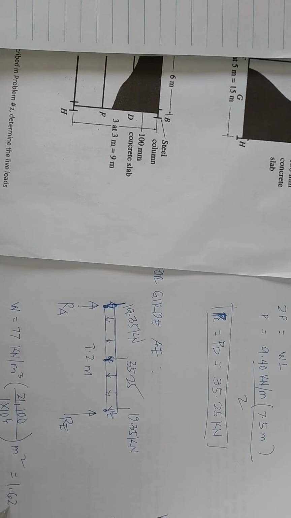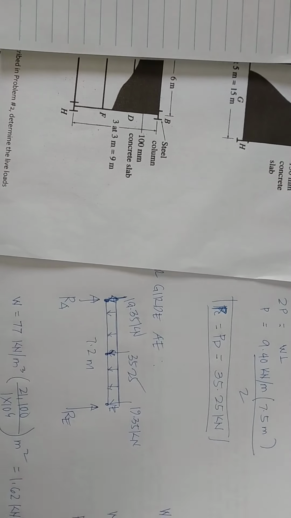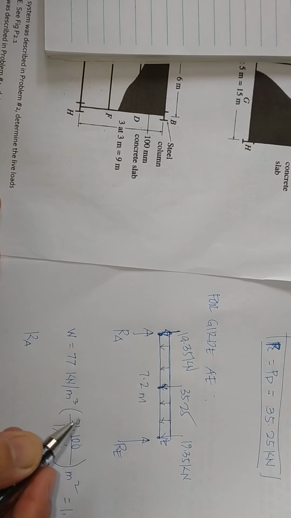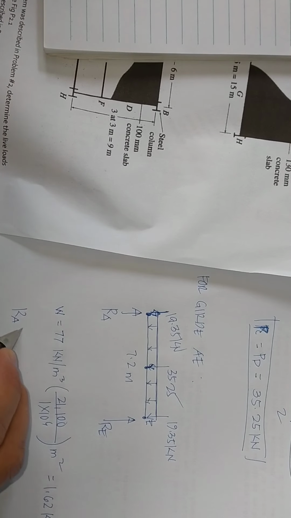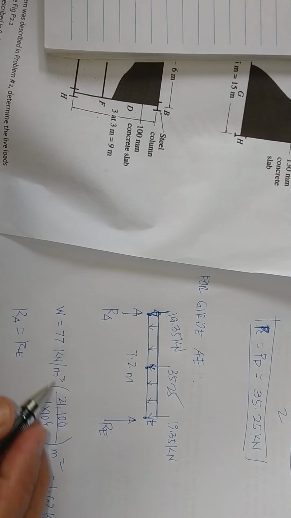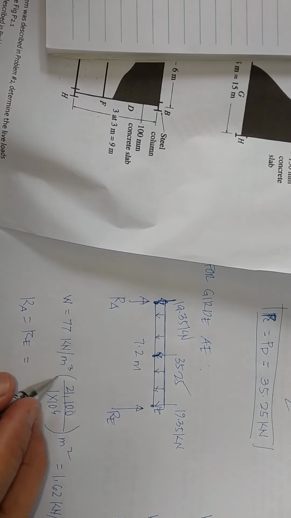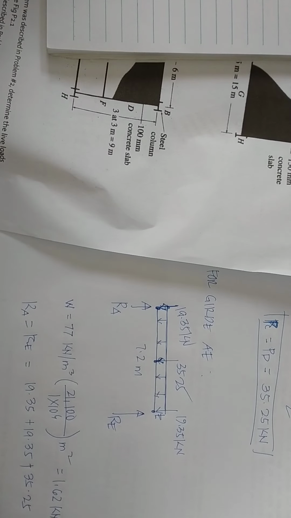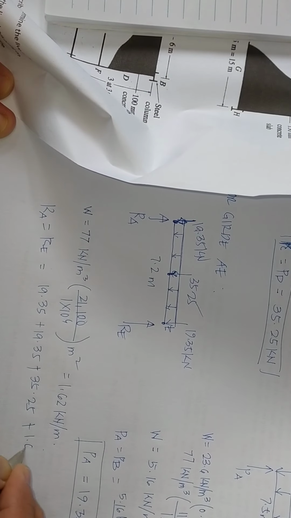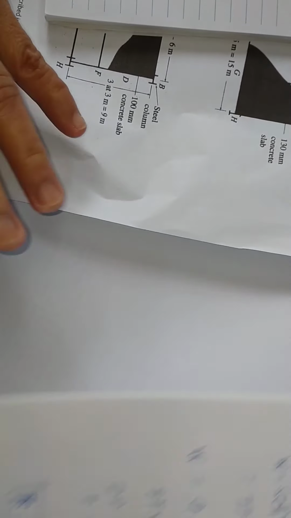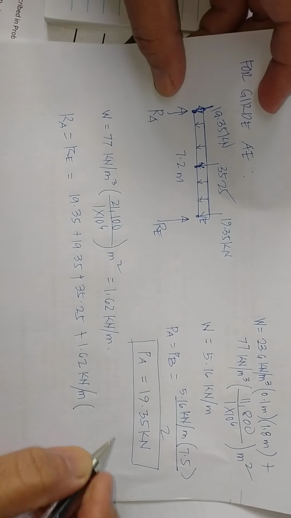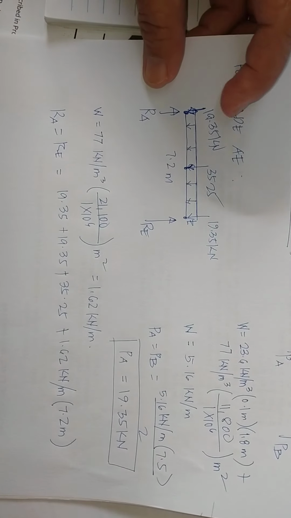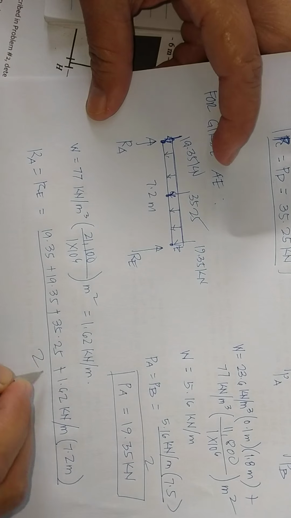It will give you 1.62 kilonewton per meter. So solving for RA, because it is symmetrical, RA is equal to RE, which is equal to the 3 concentrated loads, that is 19.35 plus 19.35 plus 35.25, plus the uniform load of 1.62 kilonewton per meter multiplied by 7.2 meter length of girder, all over 2.